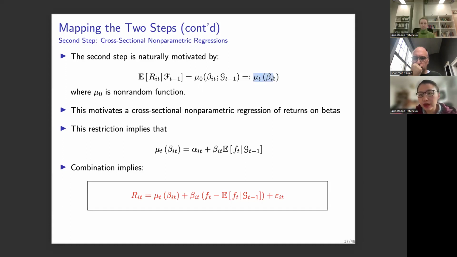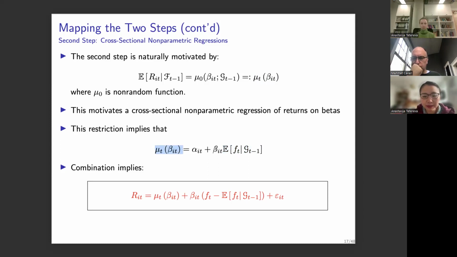So we are only interested in the conditional returns, which are only the conditional expectations of these factors, because we assume the conditional expectation given FT minus 1 of this factor is the same as that given GT minus 1. So this is the form of mu t beta IT.